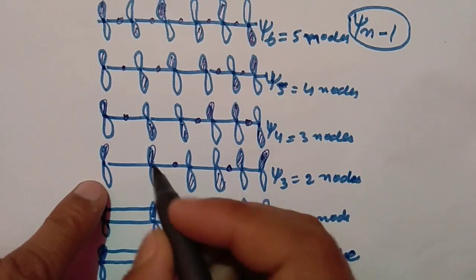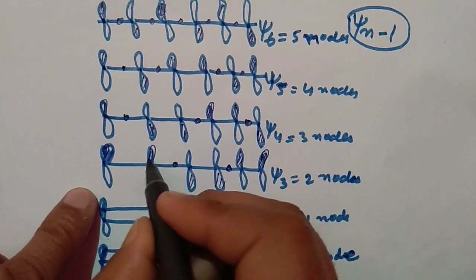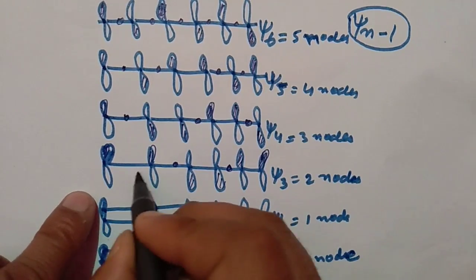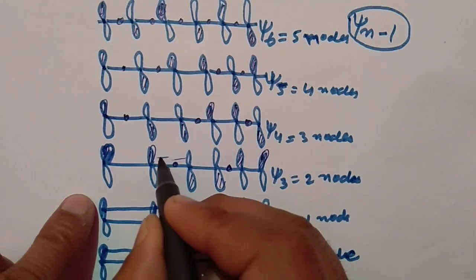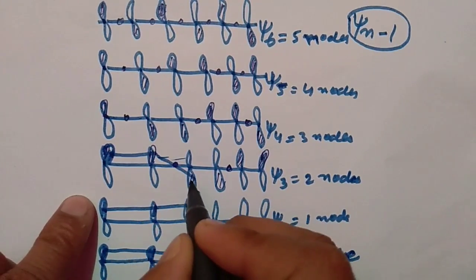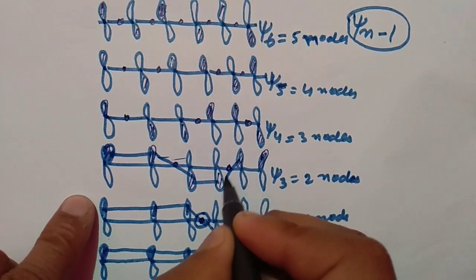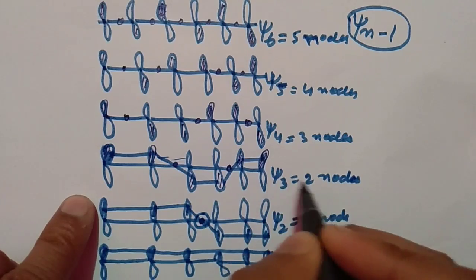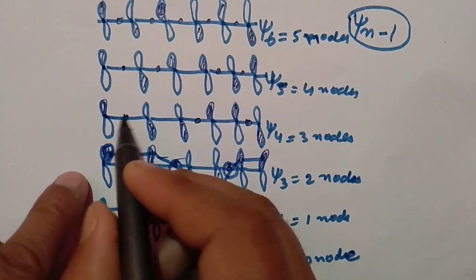Now psi 3. There are same lobes, so no node. Different lobes, so one node is there. Same lobe, no node. Different lobes, one node, so two nodes. Now psi 4.